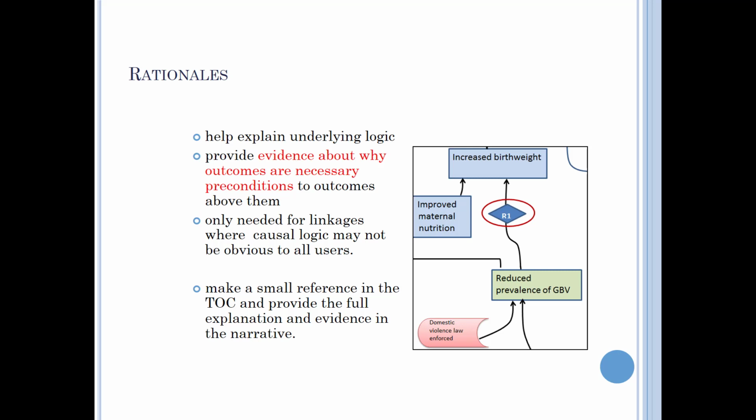So you can make a small reference in the theory of change tree with some boxes, and then you can have this explanation about the rationale in another table, of which I'm going to show some examples afterwards. For example, reduced prevalence of gender-based violence is a cause of increased birth weight problems. And this may not be so obvious to many of the readers, so you would need a rationale that explains this, and this rationale is based on some scientific evidence, and you can even make reference to this scientific evidence.